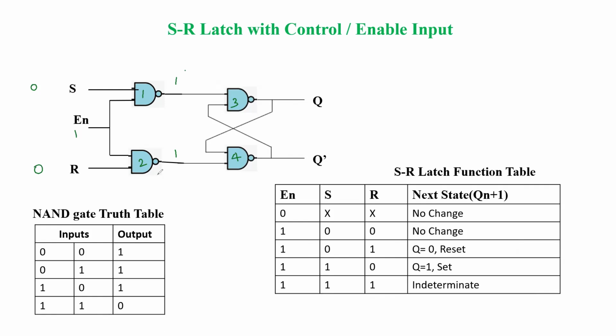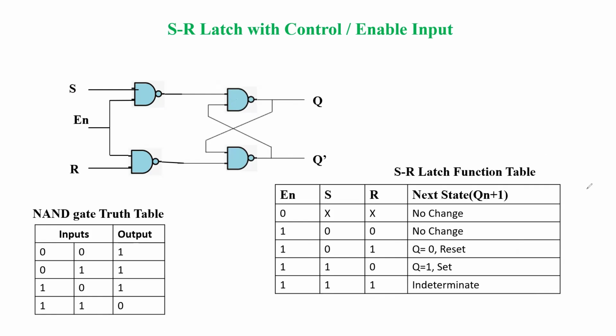Output will remain in the same condition as the previous final output. We have seen that already earlier in the case of the SR latch. Here, input is 1 and the other input is 1 to NAND gates 3 and 4, so we are not able to predict the output. The device will remain the same as the previous condition.